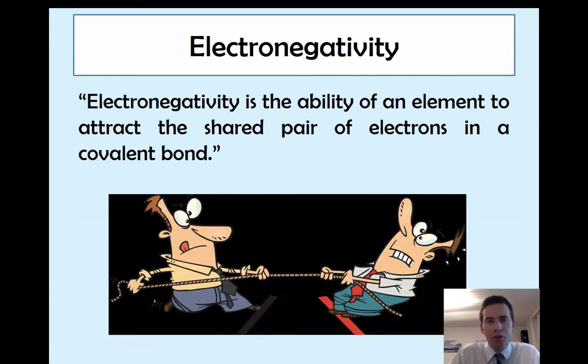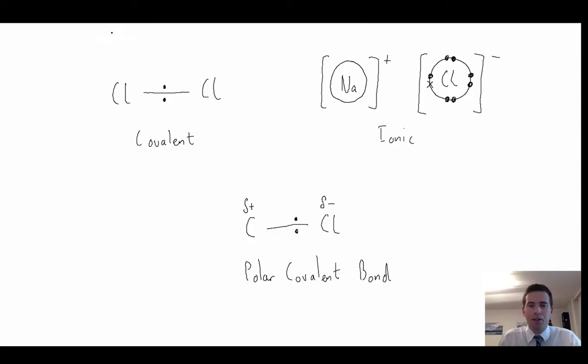So the 2 atoms are both trying to attract the electrons towards themselves, and the stronger one, the more electronegative one, will get the electrons closer to it. So in the example we looked at, the chlorine is more electronegative because it is better at attracting those electrons towards itself.